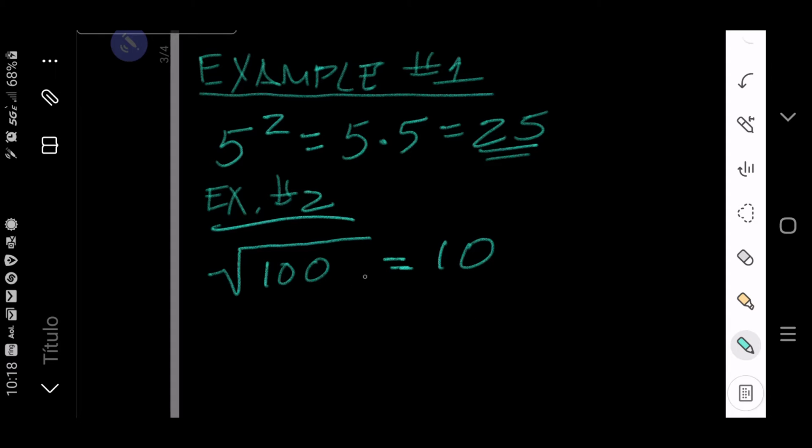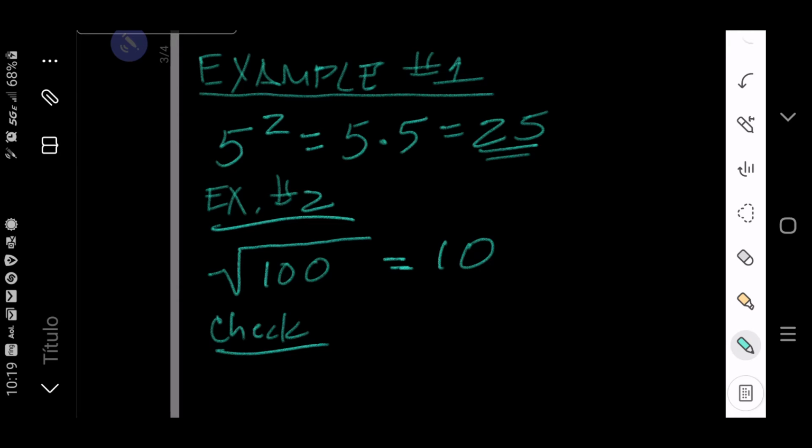And let's do a quick check to make sure we're right. As we discussed, the square root is one of its 2 equal factors.